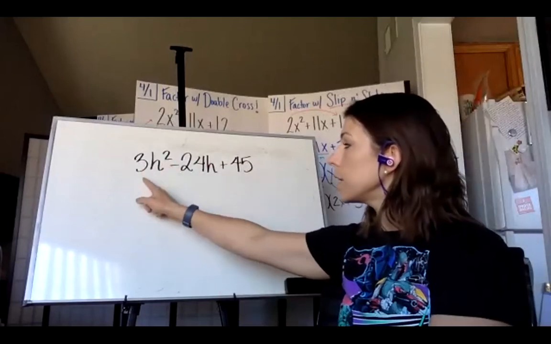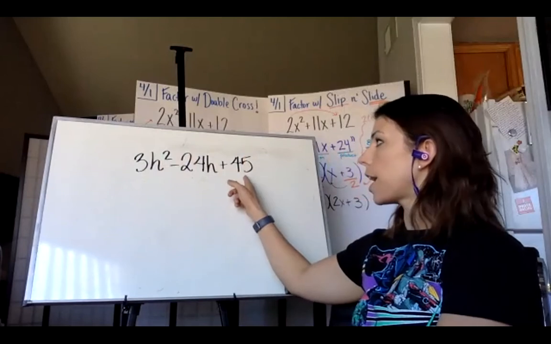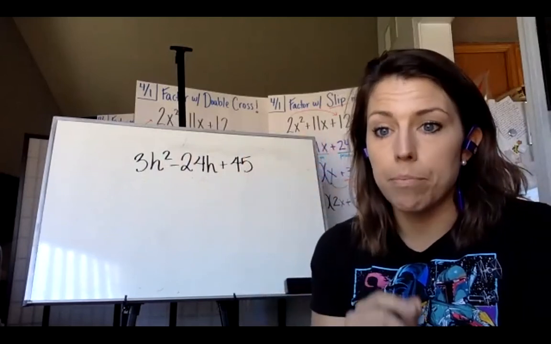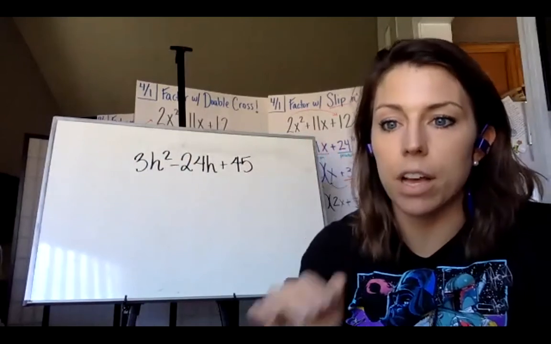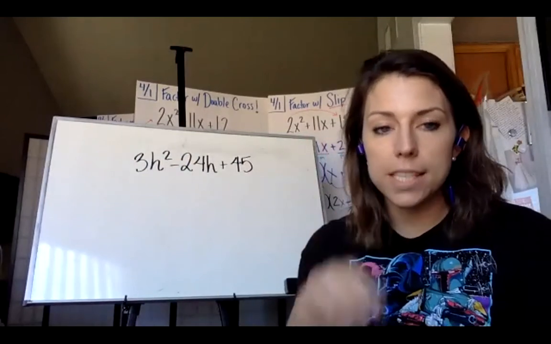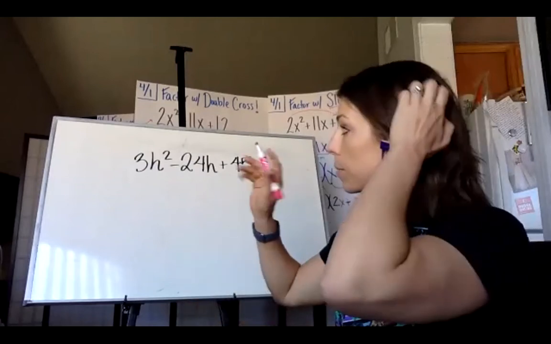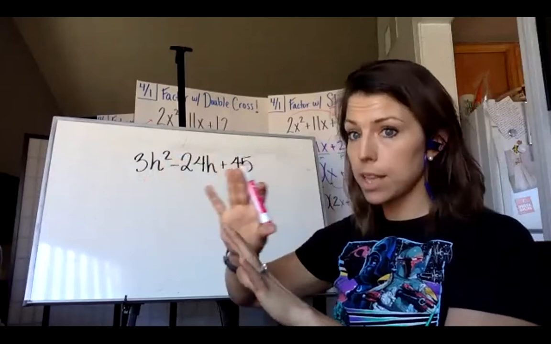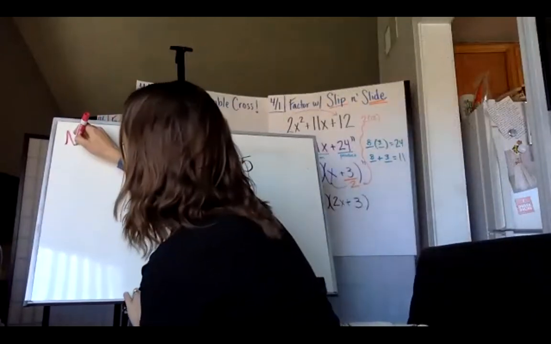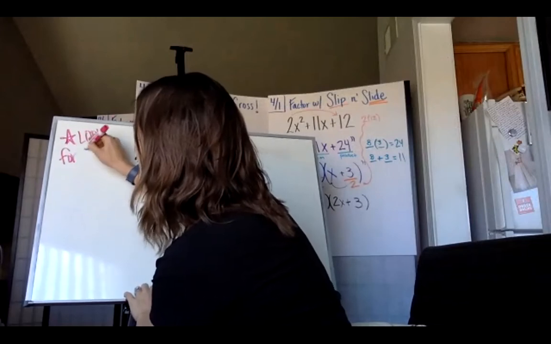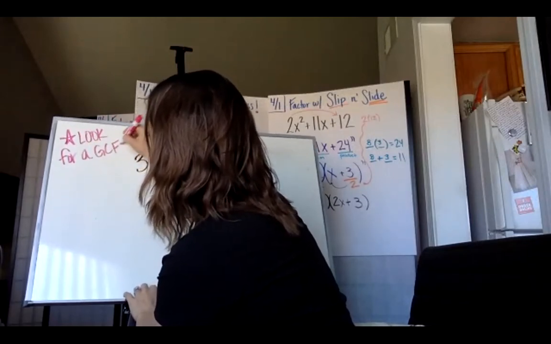I look at 3, 24, and 45, and I realize that those three numbers have something in common, meaning basically that they have a common factor. So this is called fully factoring. From this point forward, once you get up into that 70s range, you always want to look for a GCF.